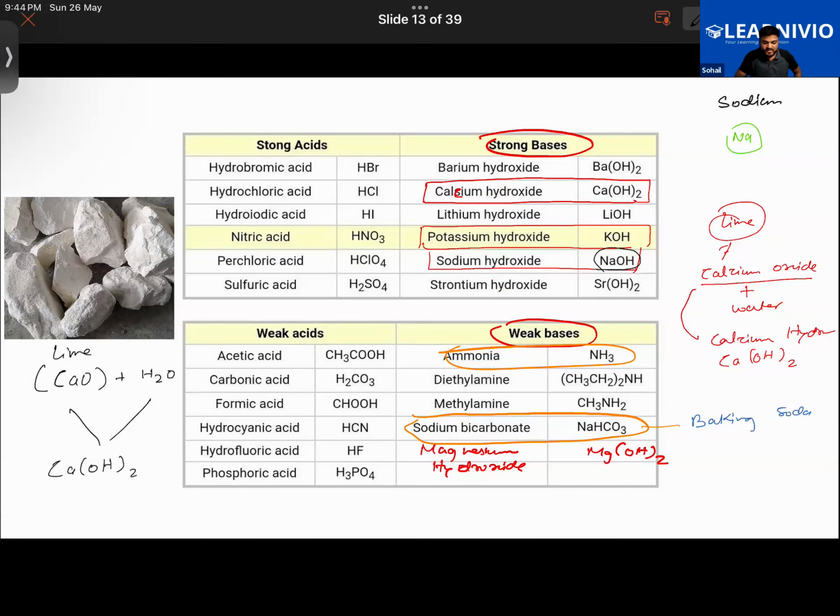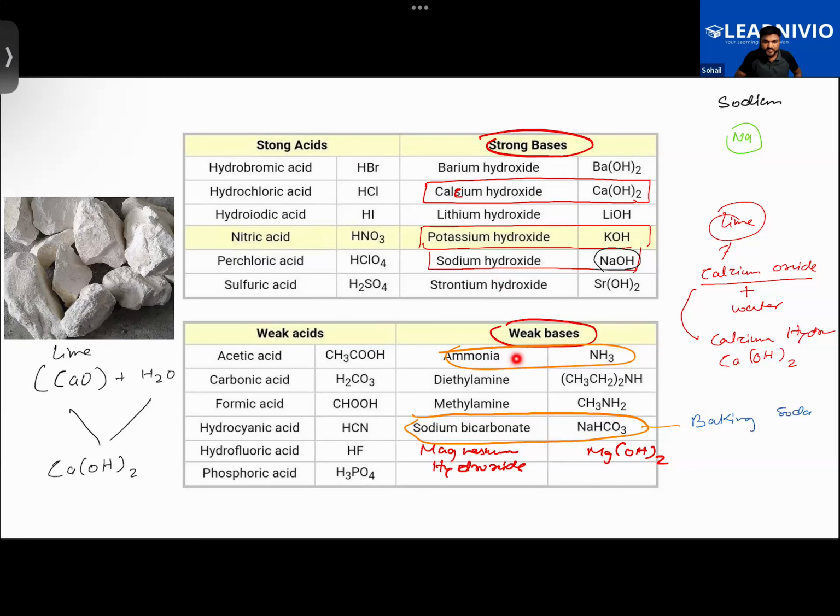Then what are some examples of weak bases? You have ammonia, and the most common one is sodium bicarbonate. You would be using baking soda in lots of foodstuffs. That baking soda is basically sodium bicarbonate.